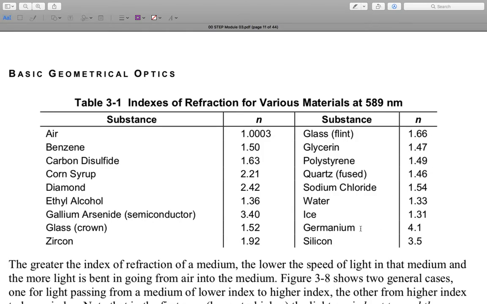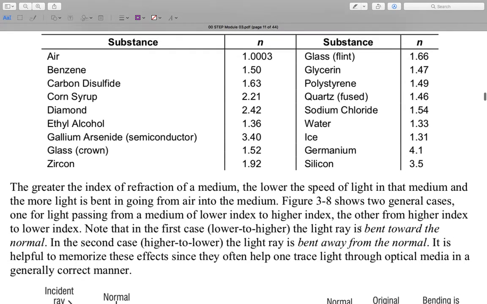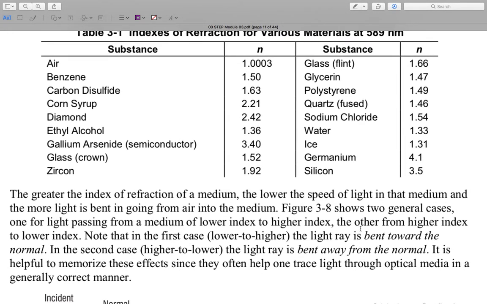This is the index of refraction for various materials at 589 nanometers. So the greater the index of refraction of a medium, the lower the speed of light in the medium, and the more the light beam is bent going into the medium.